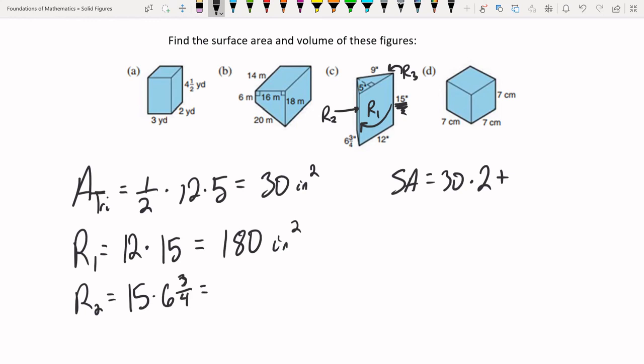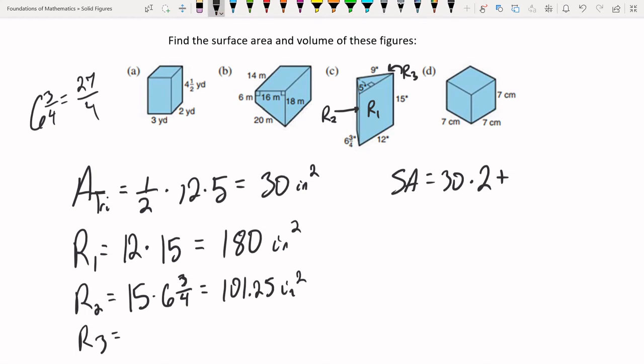Doing that times 6, it's going to be easier to type it in the calculator if we do 6 3/4 as a fraction. 4 times 6 is 24, plus 3 is 27. 27 divided by 4 gives us 101.25, or 101 1/4.